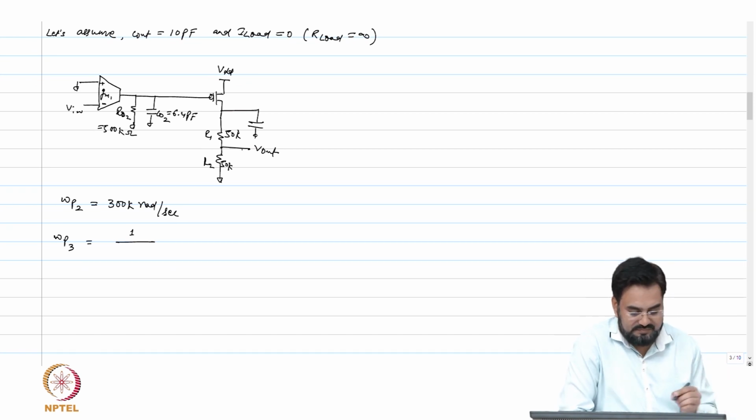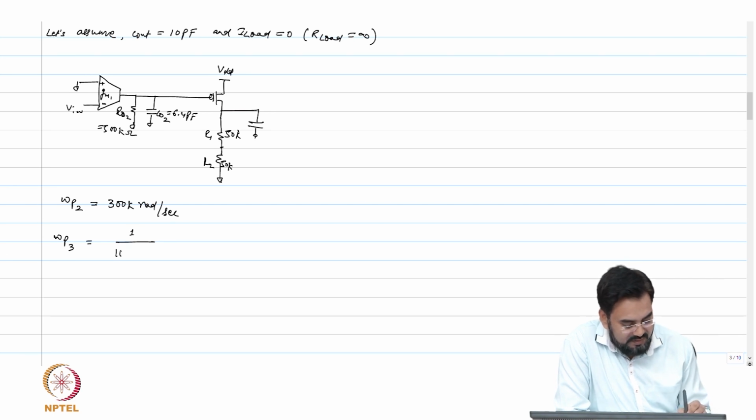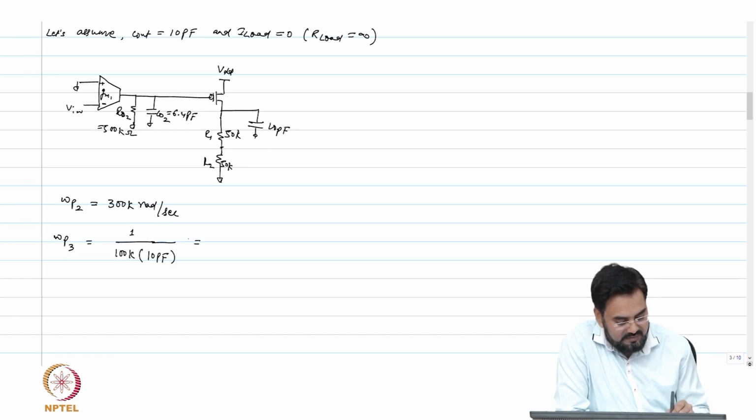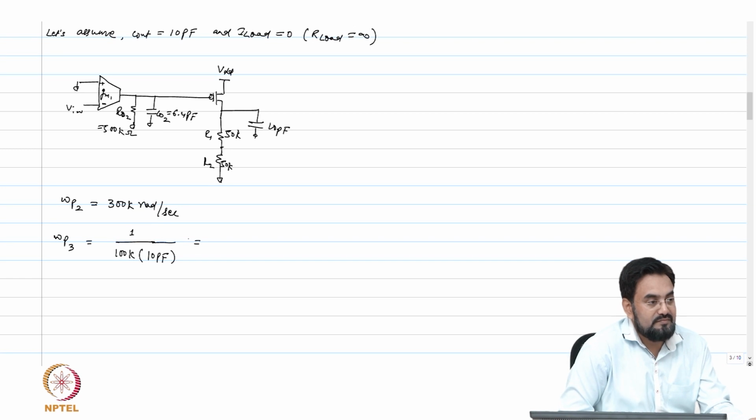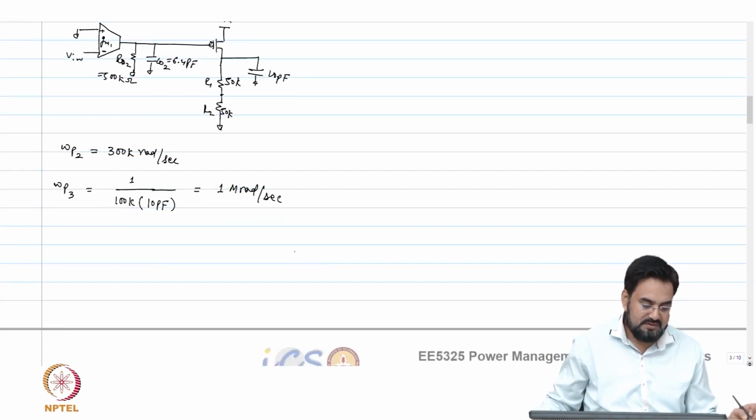Correct? So 1 over 100k times 10 pico. How much is that? 1 mega radian. Okay, so now you have both the poles.